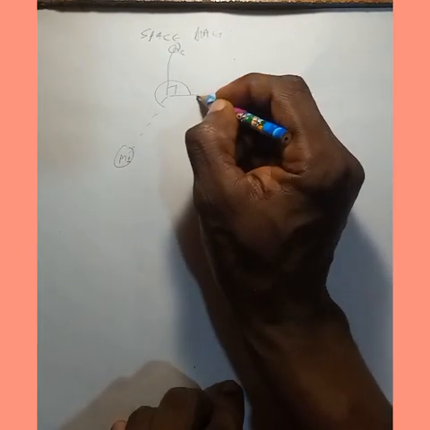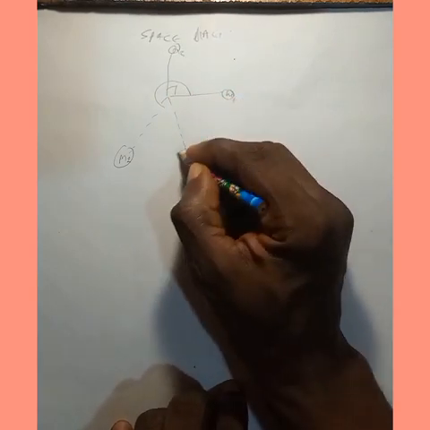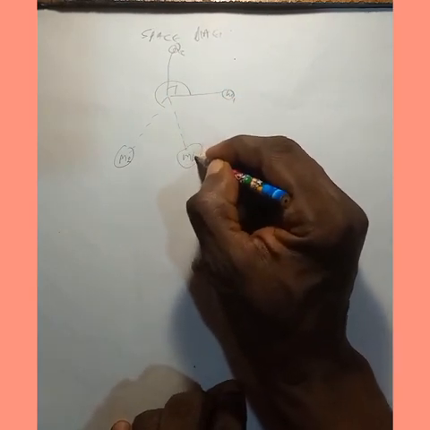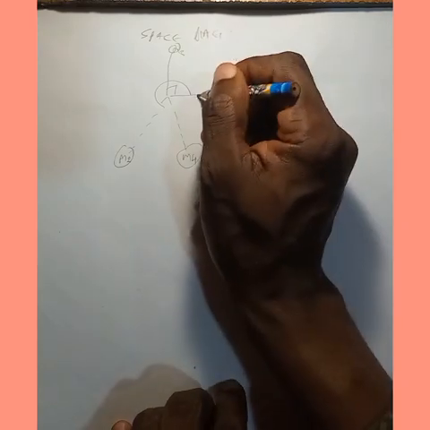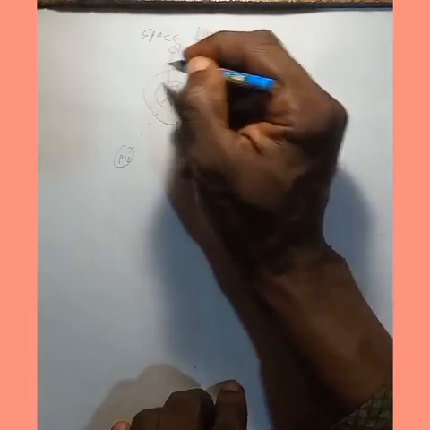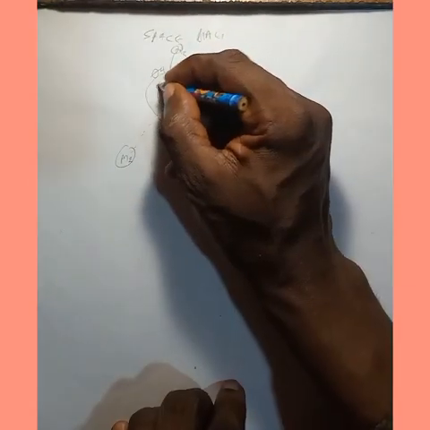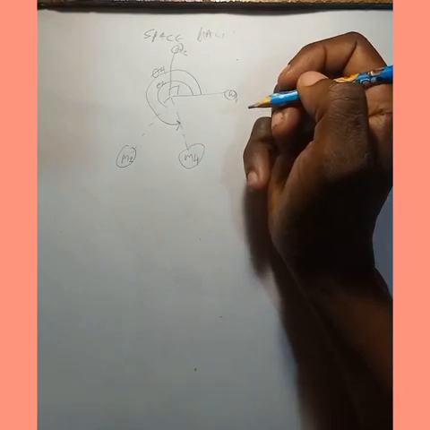Same thing with theta 4. We know the mass M4, but we do not know the angle of inclination of M4. So we call it theta 4. So we do not know theta 4. We also do not know theta 2.